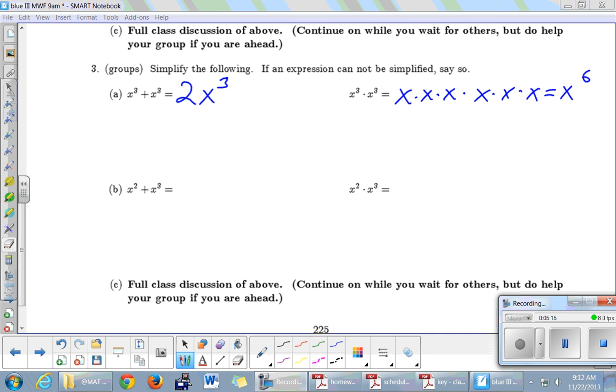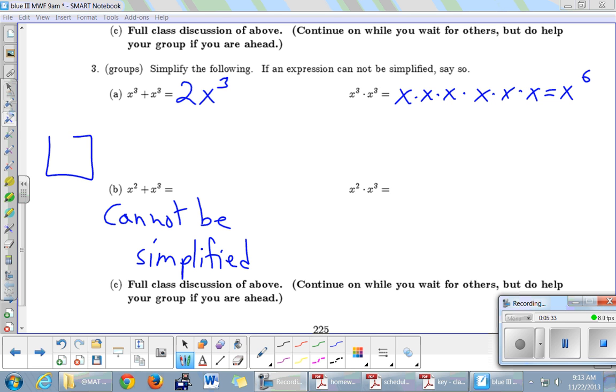X squared plus x cubed. Cannot be simplified. If you remember playing with the algebra blocks, the x squared was like a square with a little bit of thickness, and the x cubed was a big old cube, and you can't add them up and say that you have 2 of anything.